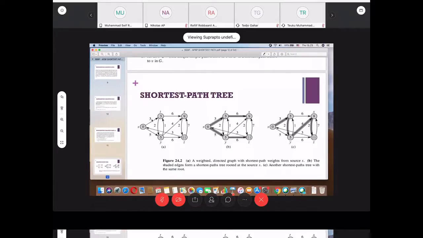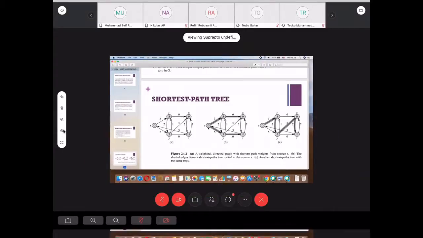So since we want to find the shortest path, it's very sure that we will choose the path with the smallest weight, right?